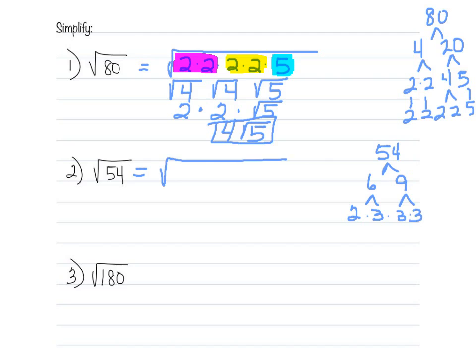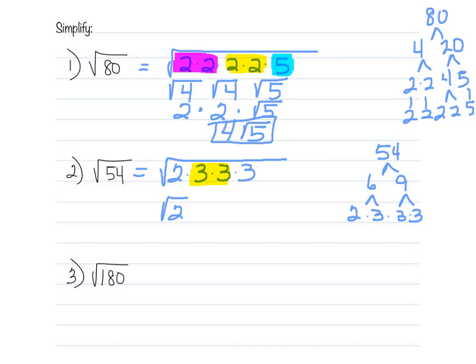Let's write that down: 2 times 3 times 3 times 3. And I can identify that in my radicand I have a perfect square factor. 3 times 3 is 9. That's a perfect square.